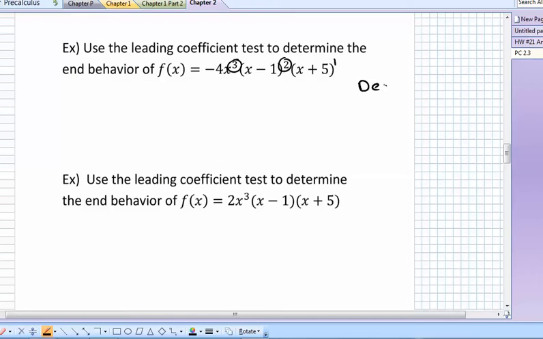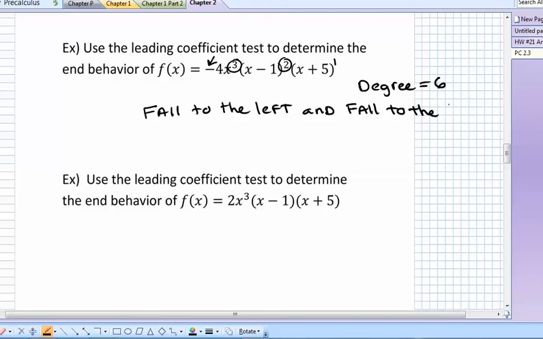So actually this is a degree 6. And since it's a negative leading coefficient, it's going to fall to the left and fall to the right. It's going to go down and down.